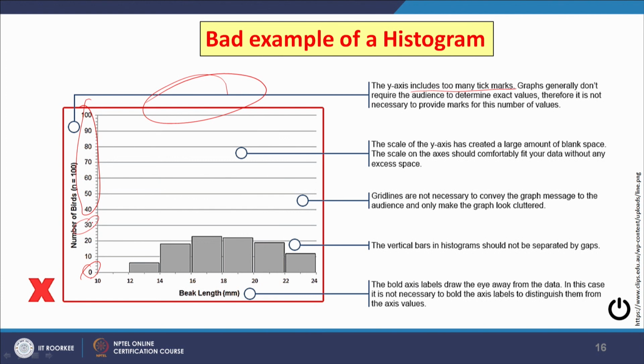Then the difference would be very clear about the beak length of these. So though you have plotted, you have missed the opportunity to communicate the differences in the beaks of different words. This is the point.